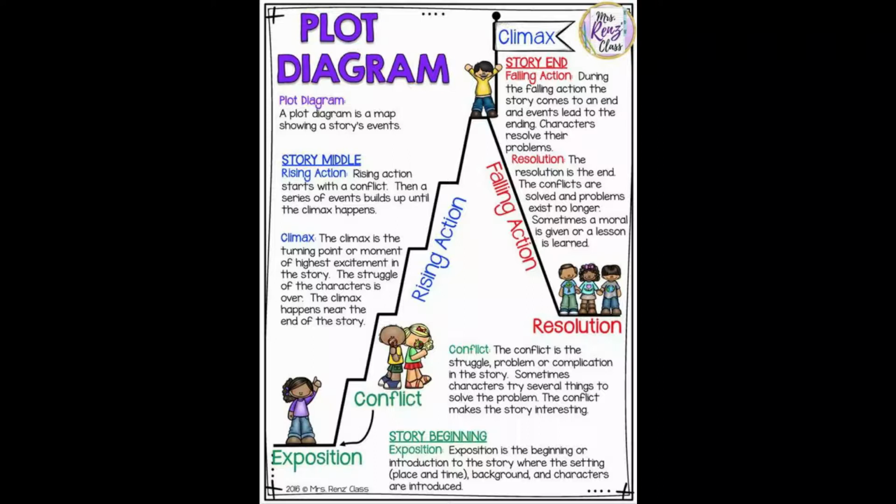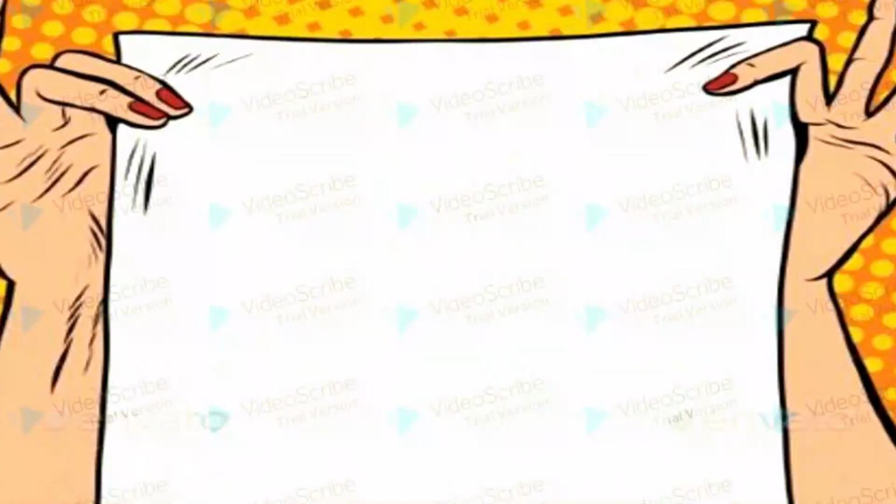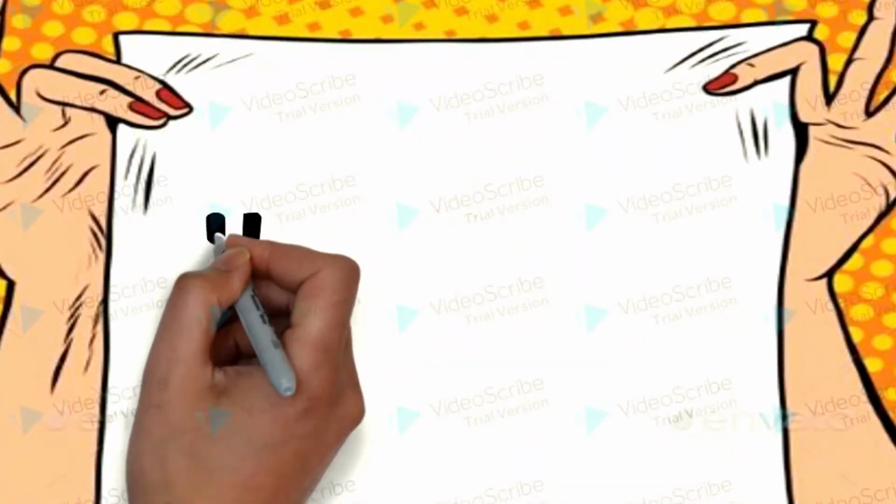You should keep this in mind because we will be using these stages and applying them on any piece of literature, on any narrative. We can find exposition, conflict, rising action, climax, falling action, and resolution. So we should know them and understand them very well to be able to apply them and then extract them from any piece of narrative later.